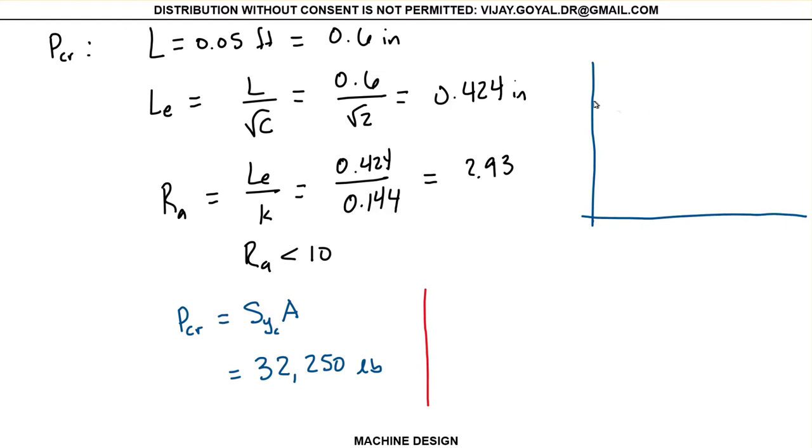That should be valid because I am really working in this region here. And in this region, J.B. Johnson is valid, right? And then you have your constant sigma yield in compression there, and maybe a small segment here you say is still valid. Let's see how much it is worth the effort.